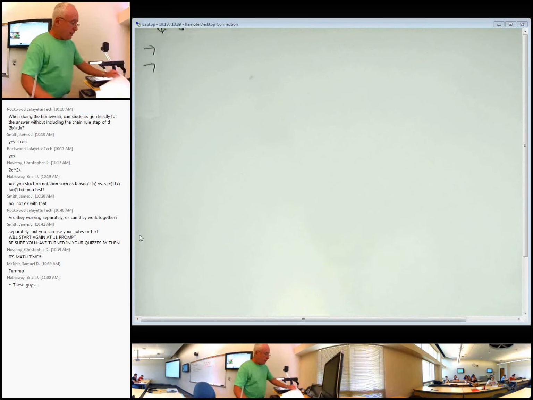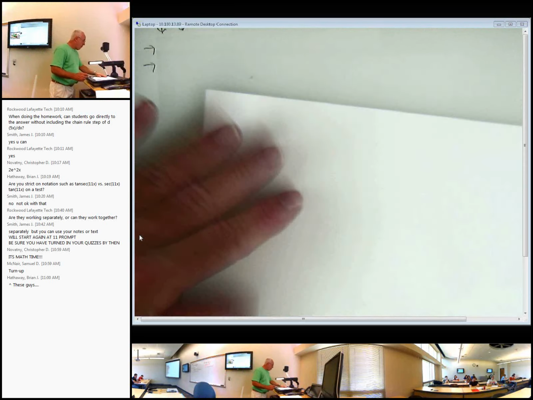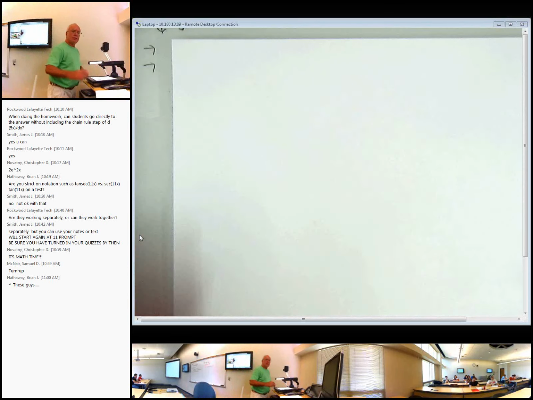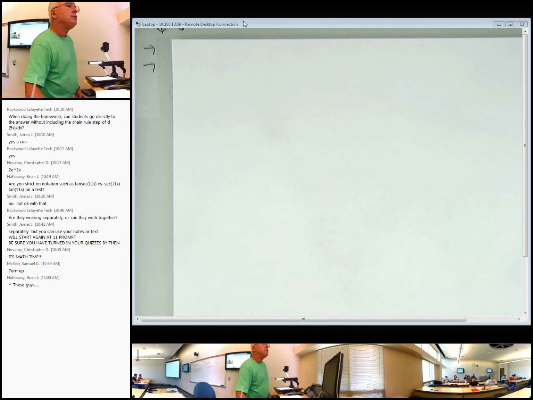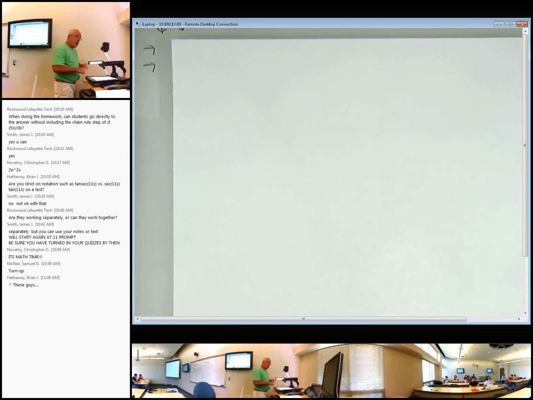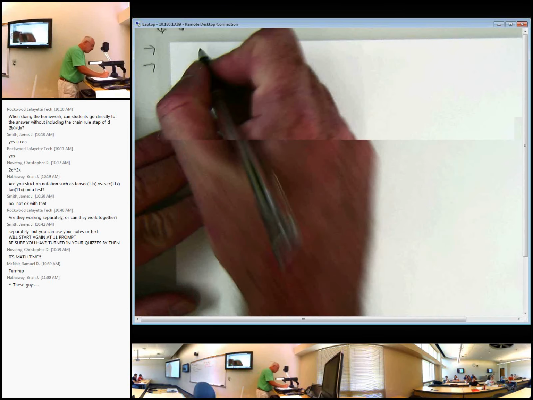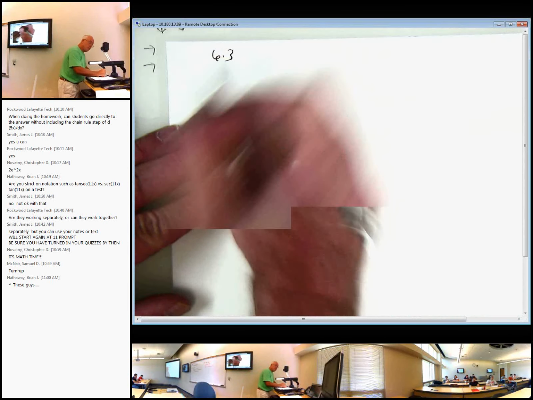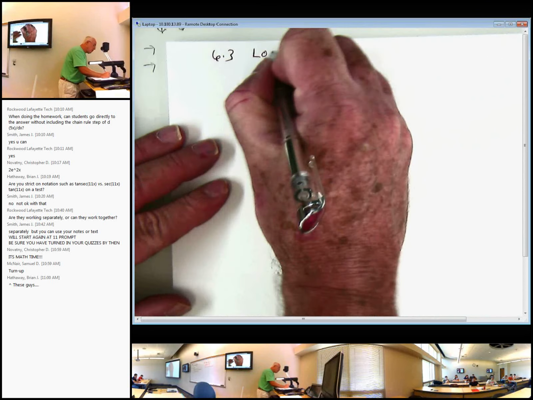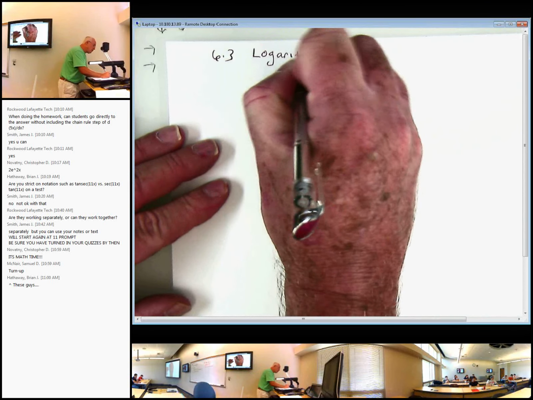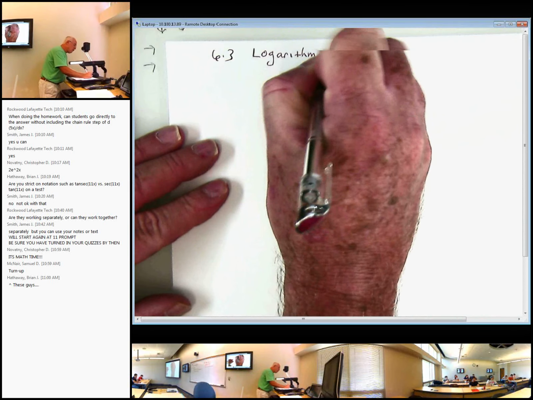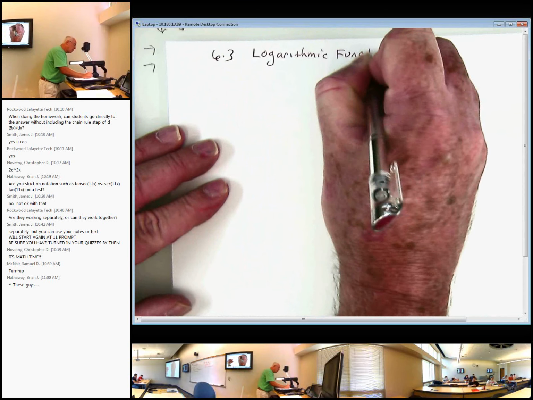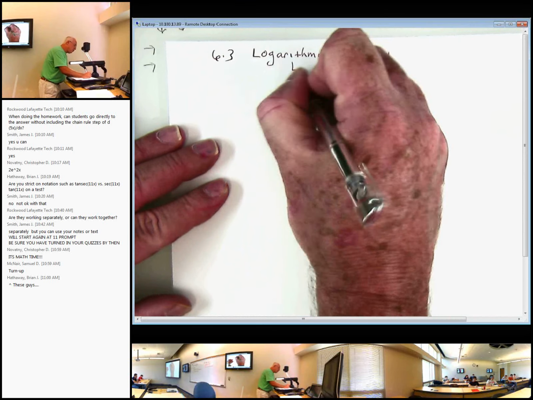So, 6.3 is logarithmic functions. And I'm just going to use the abbreviation log rather than write out logarithmic.